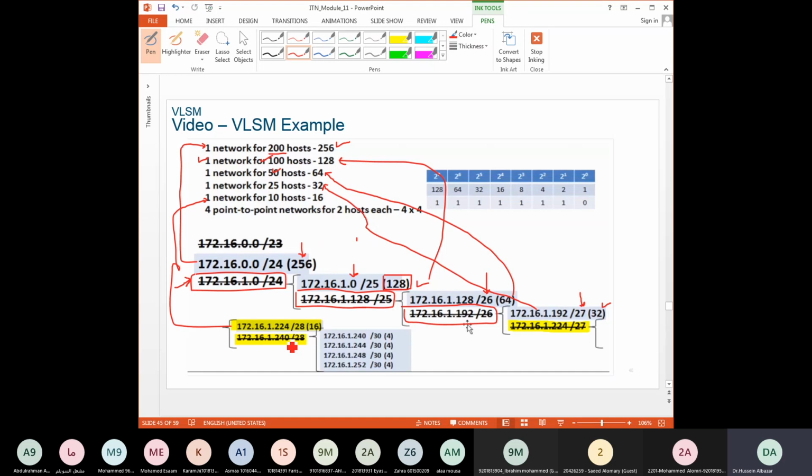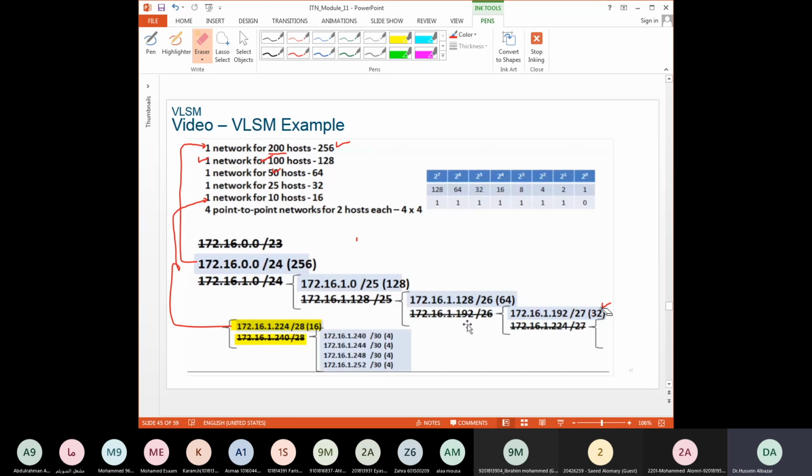If we take /29, we will not have 4 subnets with 2 host addresses per subnet. So on the last one we decided to subnet it into 4 different subnets. So we will borrow 2 bits, 2 to the power 2 equals 4.